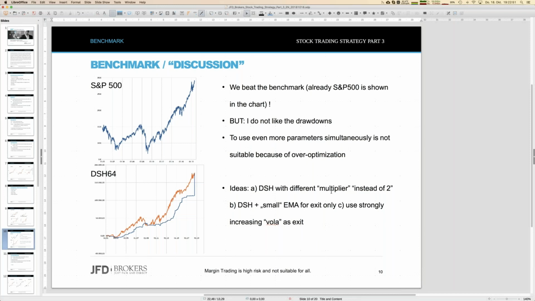So entry, for example, 20 days, exit within 40 days or after 40 days if there's no new high. So that factor of 2 we might vary. And the other has been that volatility. So using the volatility as a trigger to step out. Let's try with that first.